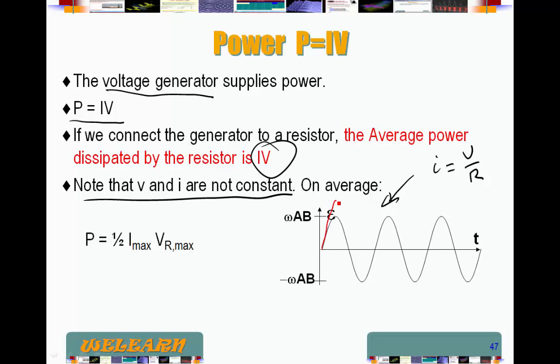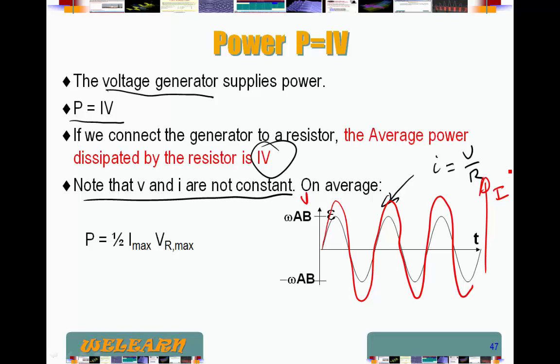But of course it's a different scale. Now we are talking of the scale of the current. So if I was going to graph this, I'm going to have to add another scale here for the current.